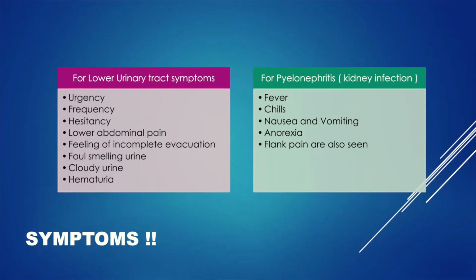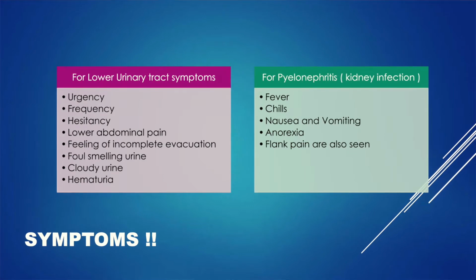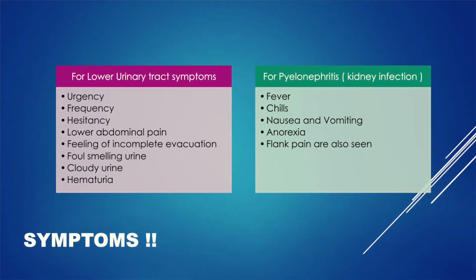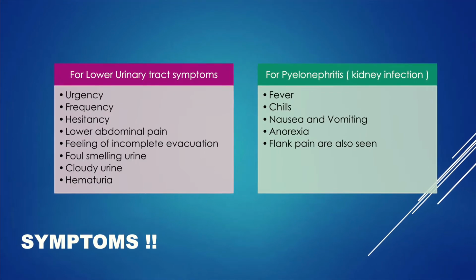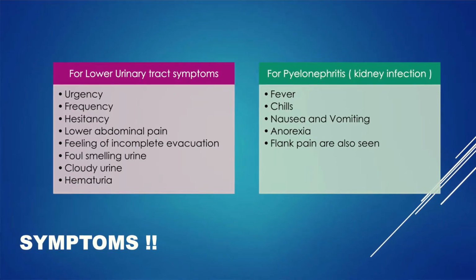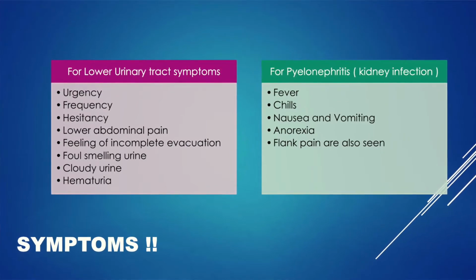Hesitancy, that means you will have to wait for some time and then your urine flow will start once you're in the washroom. Lower abdominal pain, increased frequency, feeling of incomplete bladder evacuation, foul smelling urine, cloudy urine, or sometimes you might see some blood drops in urine, that is called hematuria.